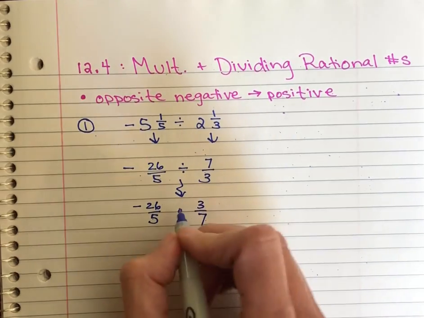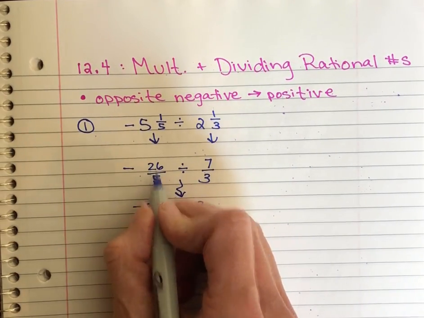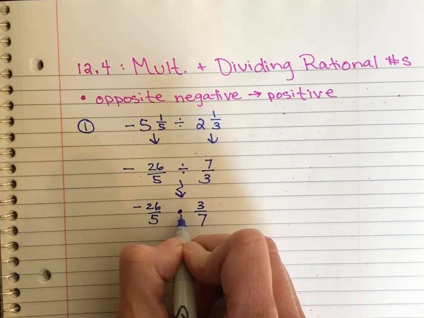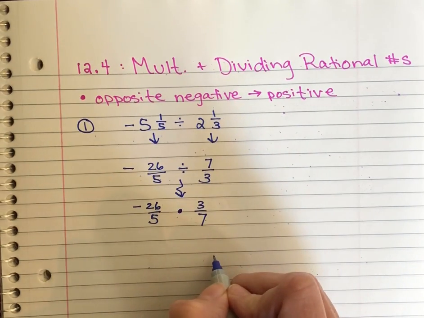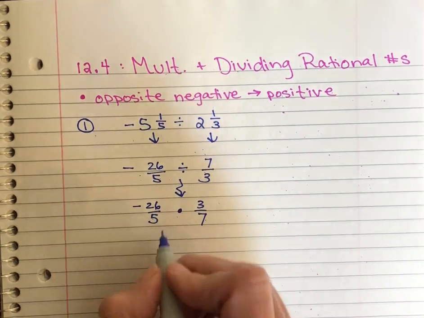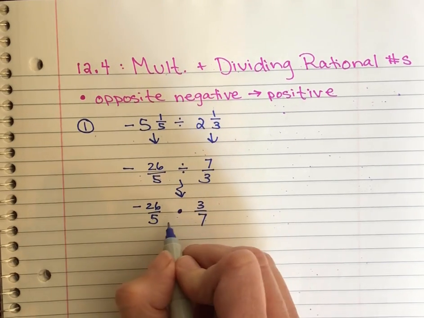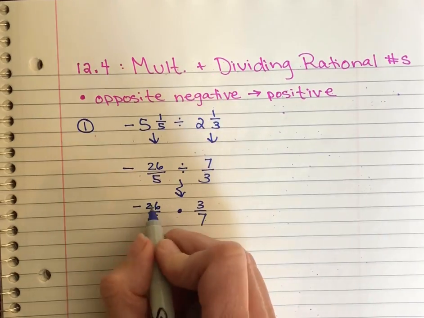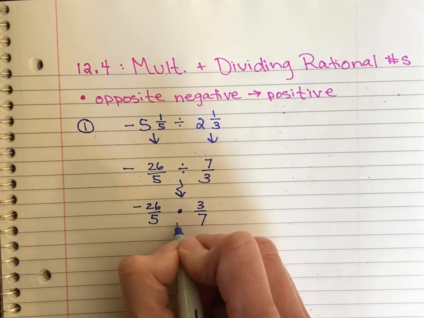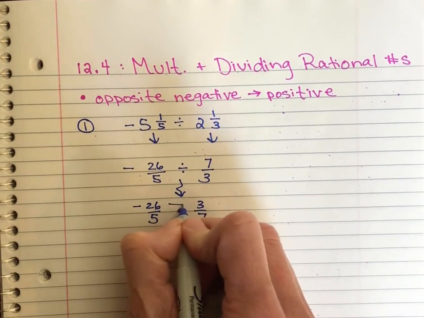Some of you like to think of the shortcut as keep, change division to multiplication, and flip the second. Okay, before we multiply, we're going to check to see if there's any reducing we can do. 5 and 3, unfortunately no, and same with 26 and 7. So we will multiply straight across.